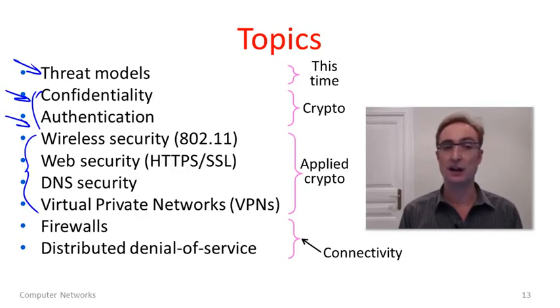So you're securing 802.11 through securing the web, for instance, as well as the DNS and new constructs like virtual private networks. And we'll also see some security problems that have little to do with crypto. Firewalls and distributed denial of service attacks are really more about preserving connectivity properties. And that's why they're not handled so much with encryption, but nonetheless, they're important security properties in the internet today. Great, so let's get on with it.